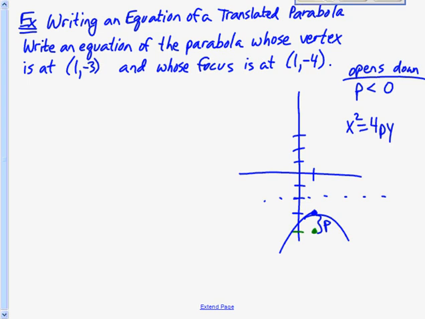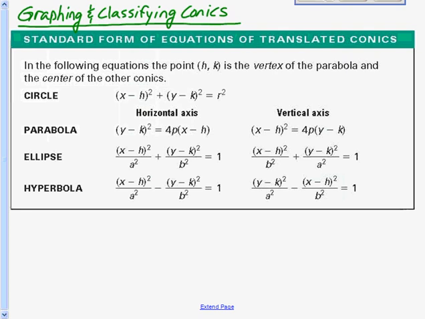Now, we've moved this off of the center, obviously. Our new vertex here is at (1, -3), and that's our (h, k). So this equation, for a vertical axis, is x minus h quantity squared equals 4p times y minus k.